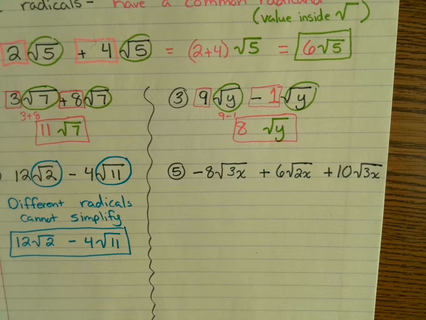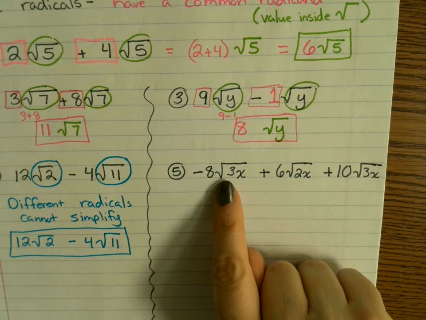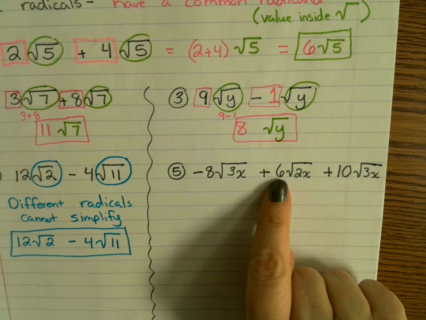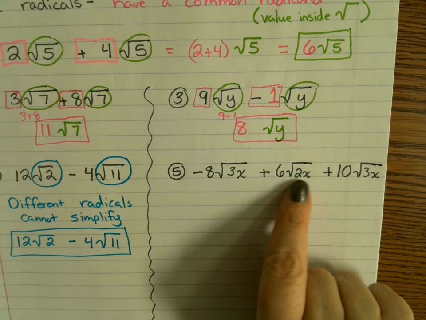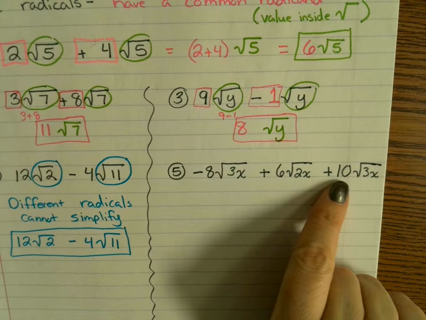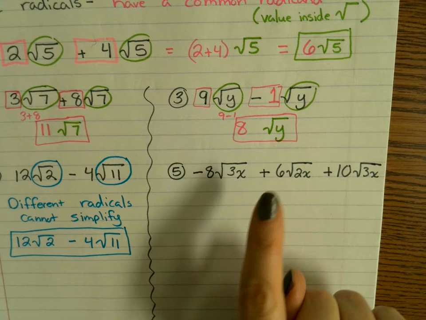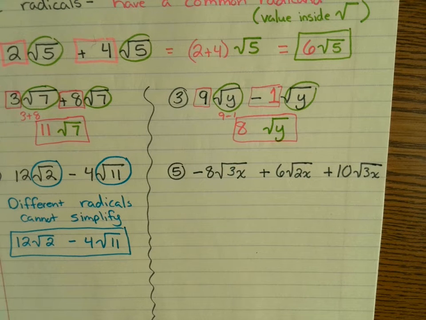All right, so we have negative 8 square root of 3x plus 6 square root of 2x plus 10 square root of 3x. Who would like to raise their hand and just share what they got?